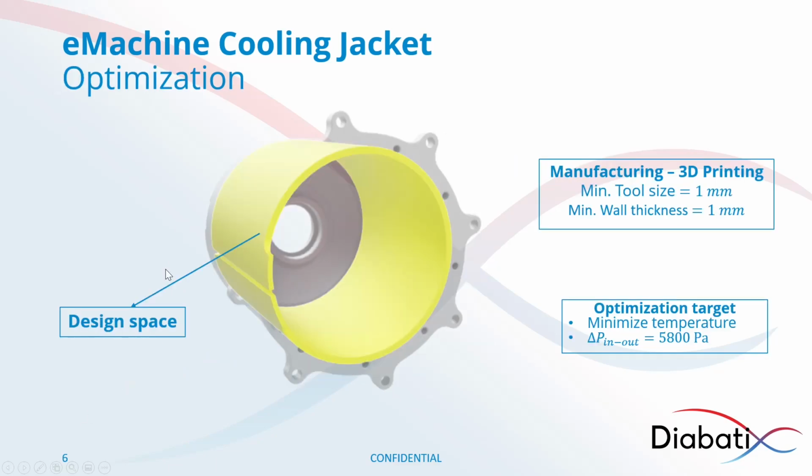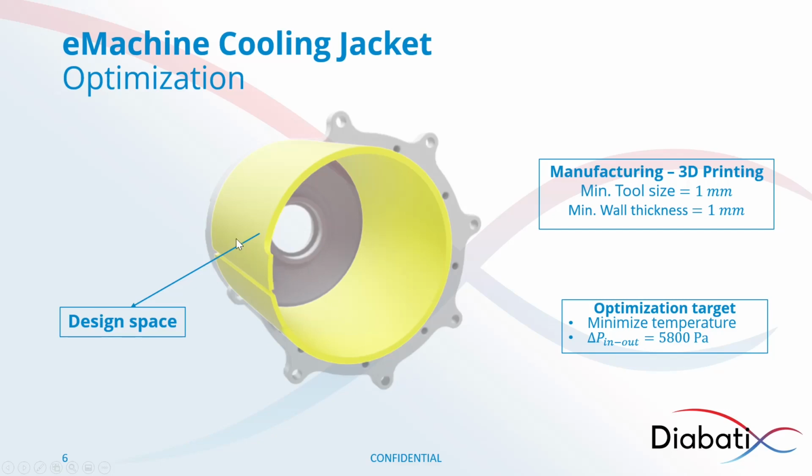Design region. Typically the design region would be a sub-region in the fluid region. You would have seen that with various other cases in our different webinars and demos, and it's the same in this case as well.